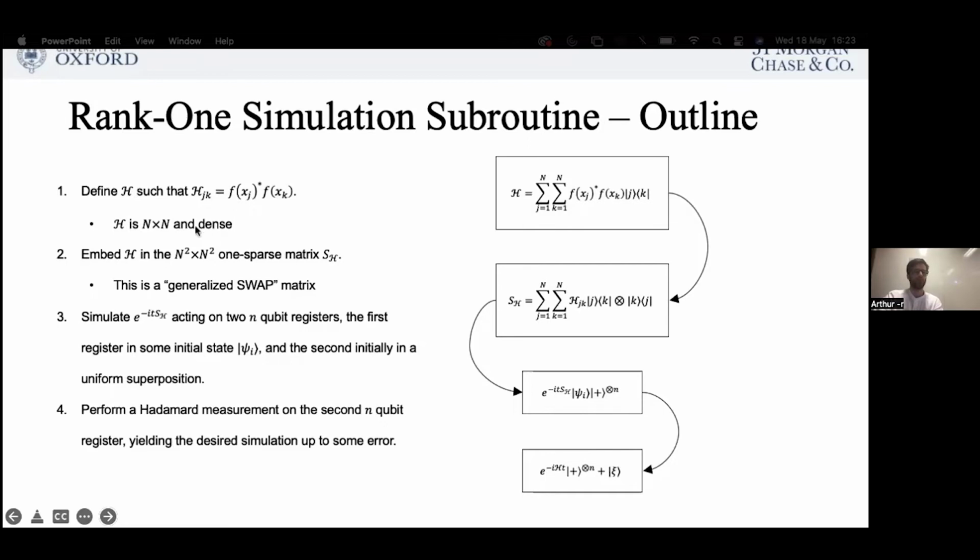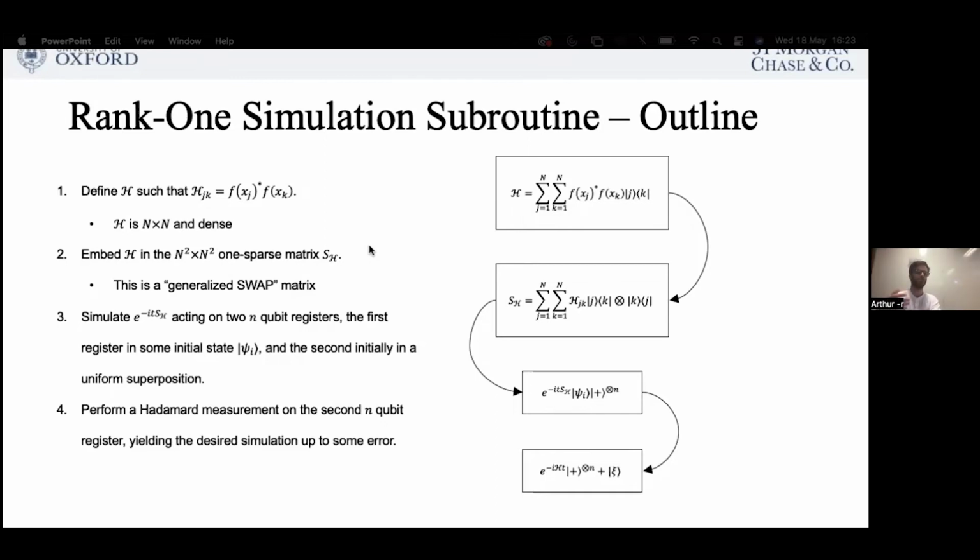Then we embed H in the n squared by n squared one sparse matrix S_H. And this matrix acts on 2n qubits. So rather than acting on n qubits, it acts on 2n qubits. And it's one sparse, which is important because it means we can efficiently simulate this matrix with 0 error and with constant cost, independent of t. So you can fast forward the simulation of one sparse matrices.